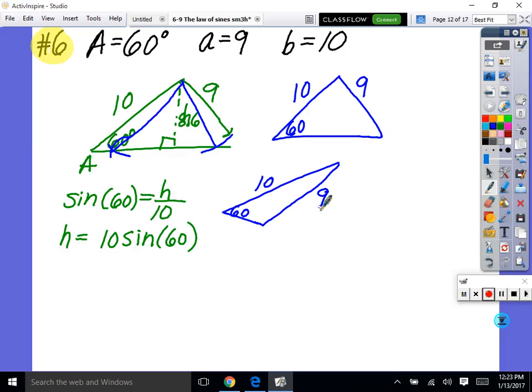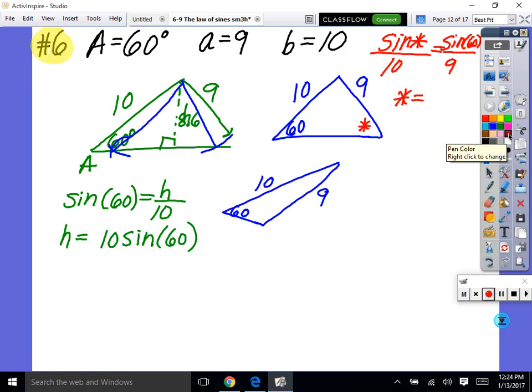So now we could go through and solve. We could figure out that angle. So we would say, law of sines: sine of star over 10 equals sine of 60 over 9. And then we would solve for star. Star equals, can we do it in our heads?